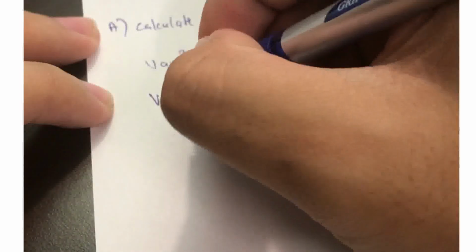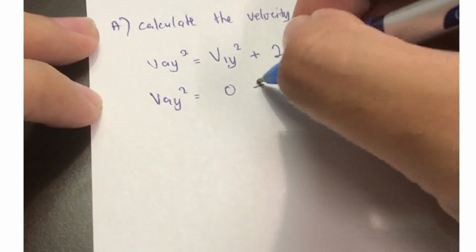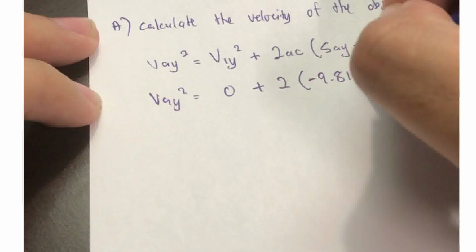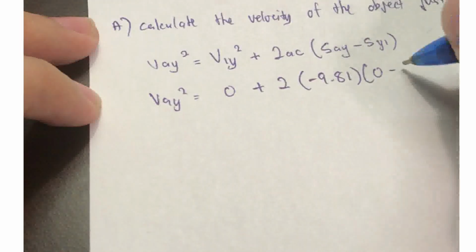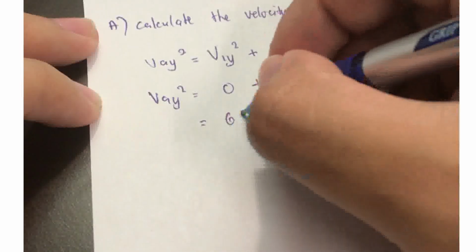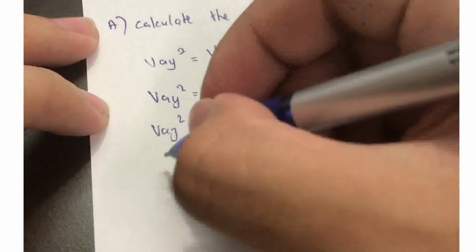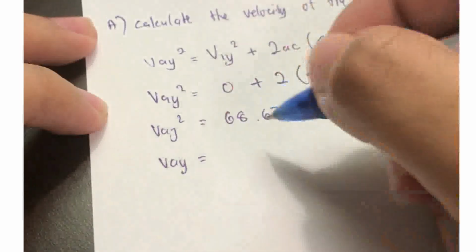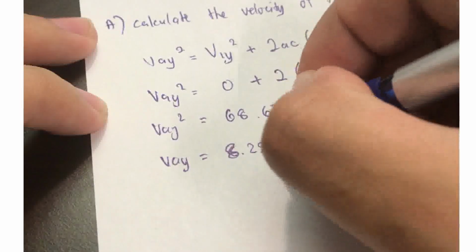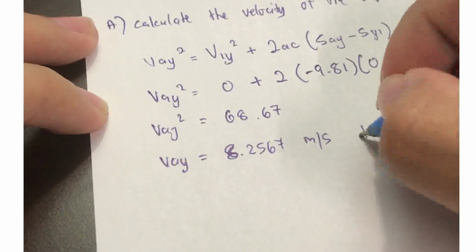So Vay squared equals V1y squared, which is 0, plus 2 times ac, which is negative 9.81, times (0 and 3.5), and we will get 68.67. Taking the square root, it becomes 8.2567 meter per second, facing downwards.